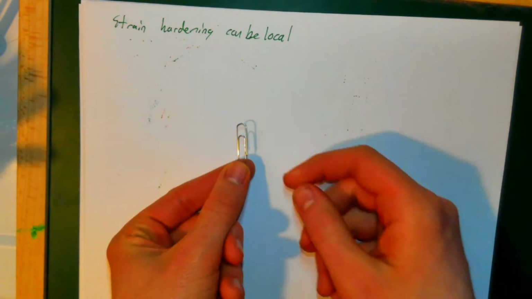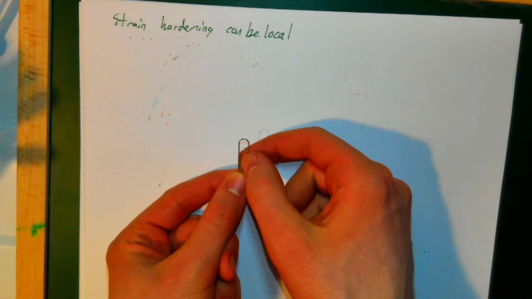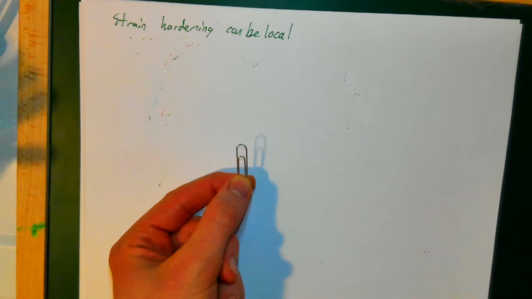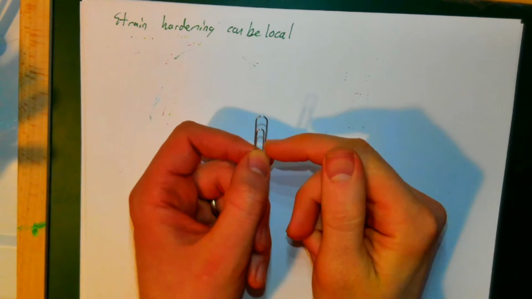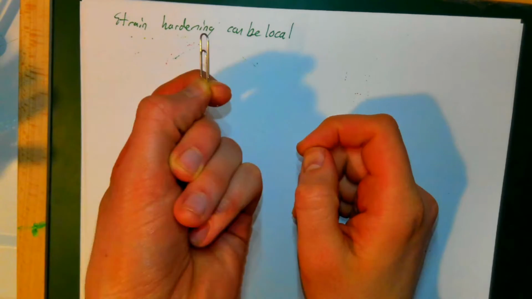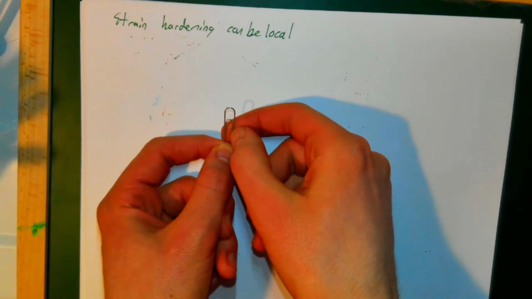Well, let's do a little demo where we have a paperclip, and I encourage you to pause the video now and actually go into your junk drawer or your desk or whatever and grab a paperclip. Take this paperclip and remember what its original shape is.